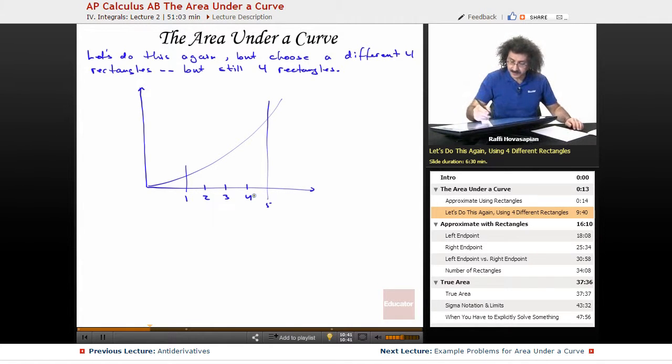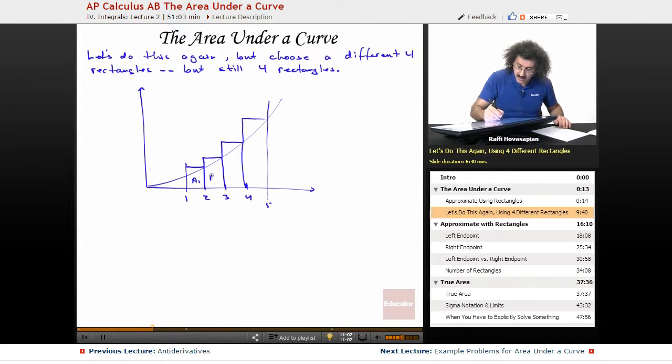This time, I'm going to choose these rectangles. Okay. Now I have area 1, area 2, area 3, and area 4.